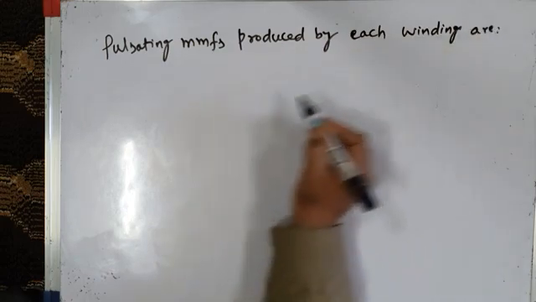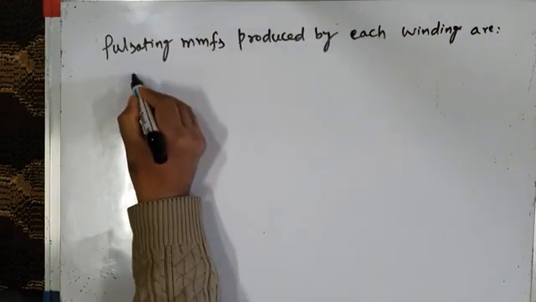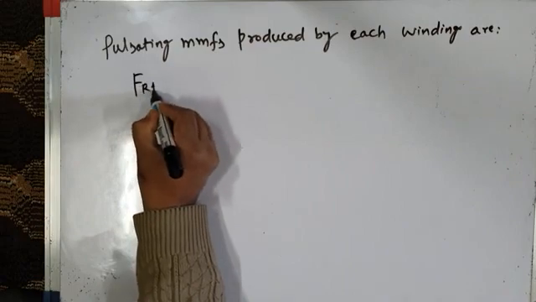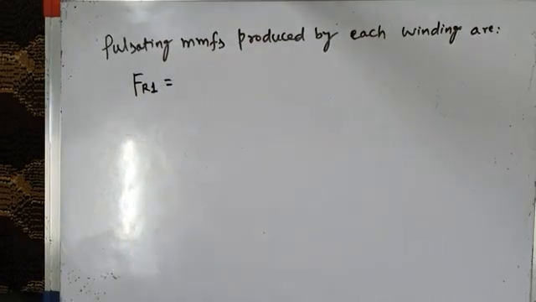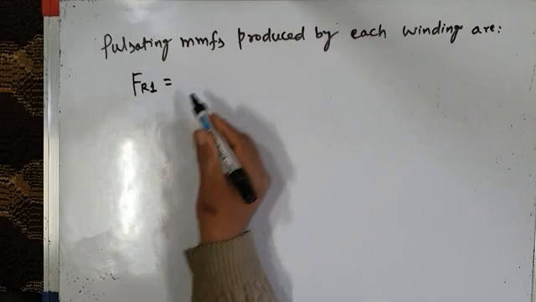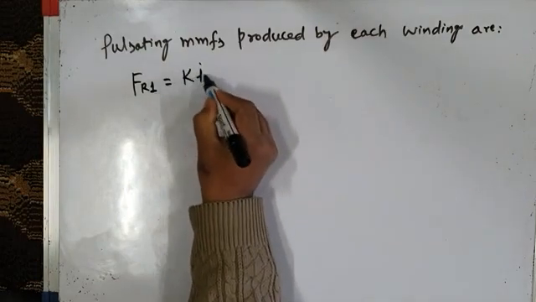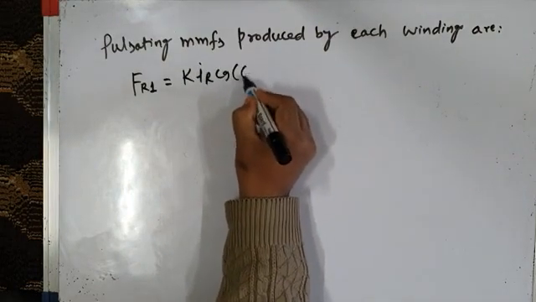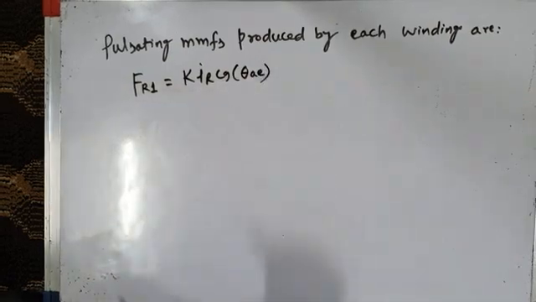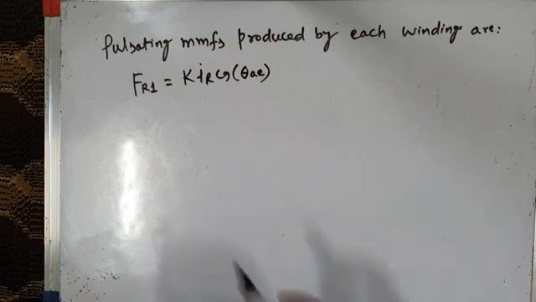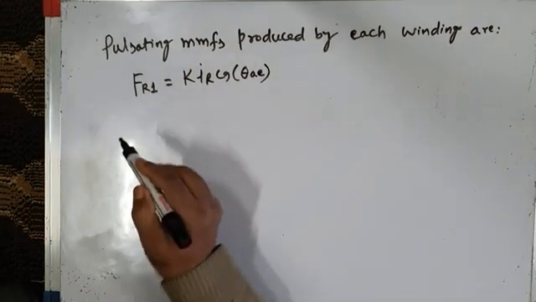They are given by, let us write, the fundamental component of pulsating magnetic field produced by current flowing in R phase winding, FR1. Same equation: it is K into IR cos of theta AE, which we have just a few moments back written for the single phase induction motor. Now, in addition to R phase winding, we have Y phase winding also.